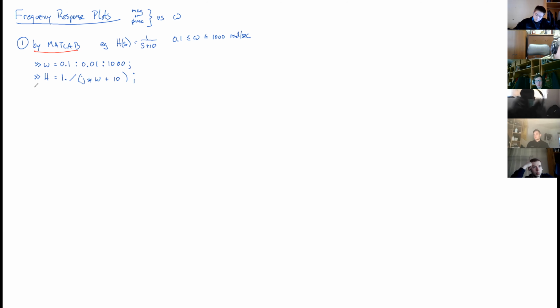And of course, that's in general going to be a complex value. So we can get our linear amount, k, by taking the absolute value, the magnitude of our h. And then we can convert things into decibels by saying that's 20 times log 10 of k.